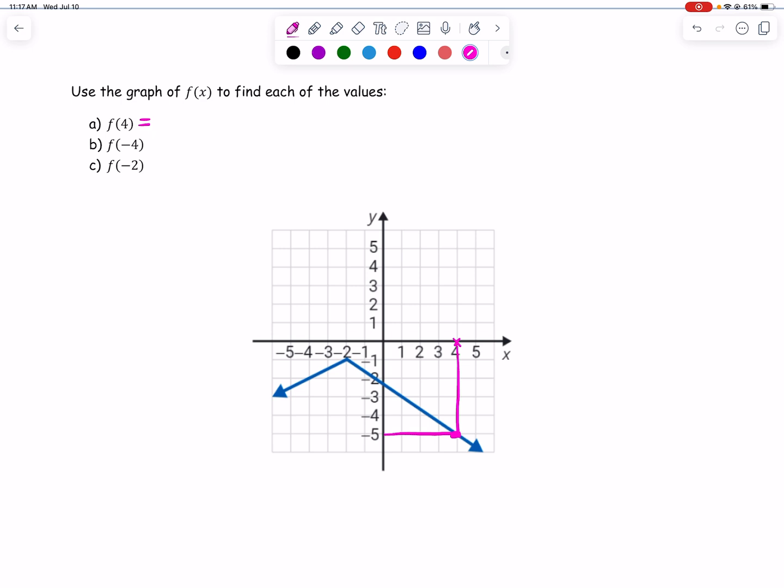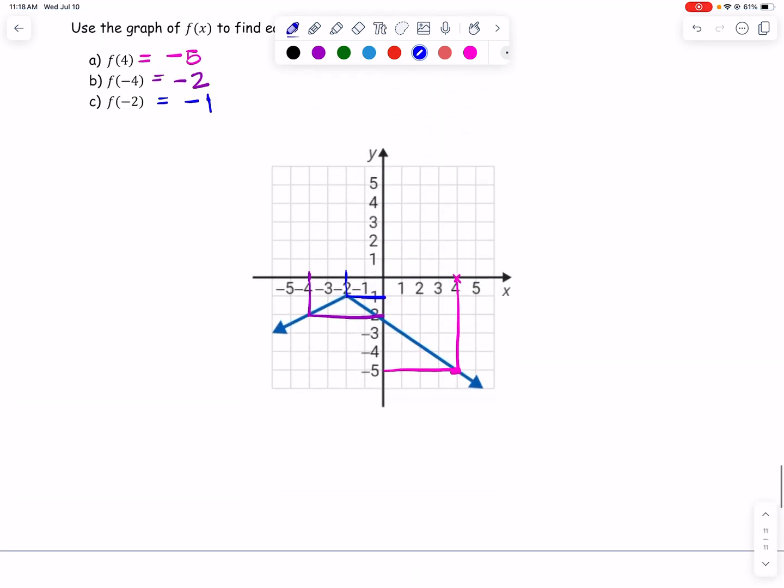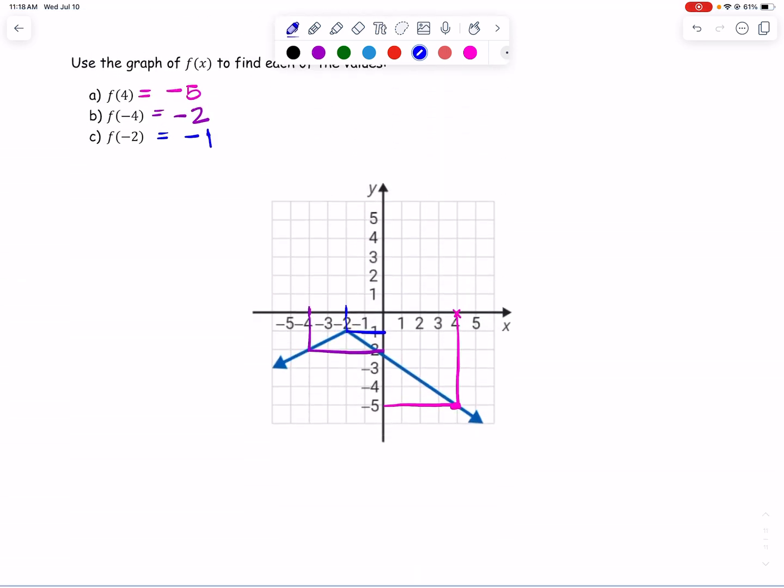And so y, the output, would be negative 5. Okay? When x is negative 4, here's negative 4 on the x, and you draw. And so you can see that y is negative 2. And then when x is negative 2, there's negative 2, and you draw, and you can see that y is negative 1. And I think that finishes up 10.5.